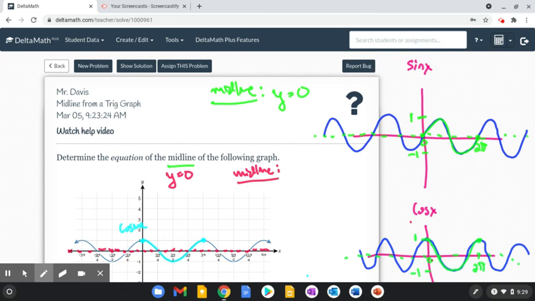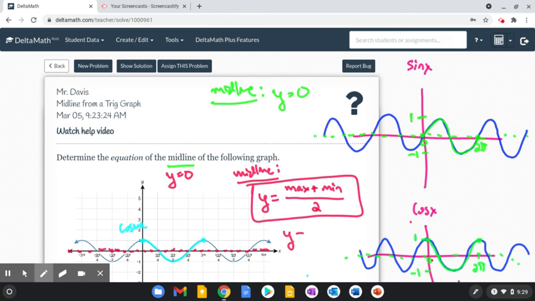The formula that you use is y equals the max y value minus the min y value over 2. Sorry, actually that's a plus. Max plus the min over 2. A little handy formula you can use there as well. So if I were to apply this to this problem, I'd have y equals my max value, if I were to draw a line up here, is at 1.